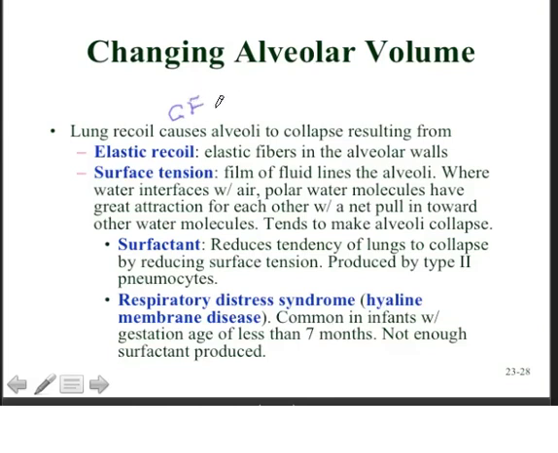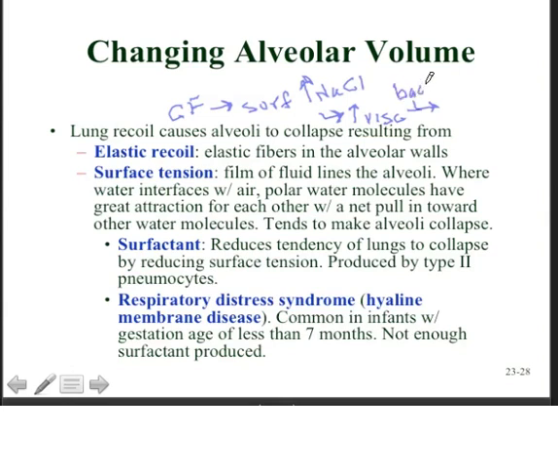Okay, and what happens in CF is that the surfactant is too salty, so it has too high of a sodium chloride content. The result is that it increases its viscosity, becomes difficult to clear, and it also gets populated by pathogens.